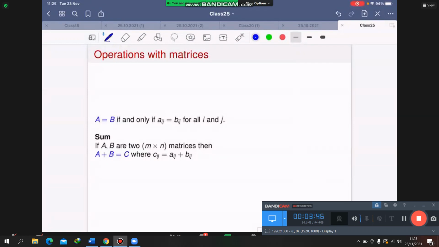You can sum two matrices if and only if they have the same exact dimensions. Also, because if they hadn't the same dimensions, this operation here wouldn't be well defined.